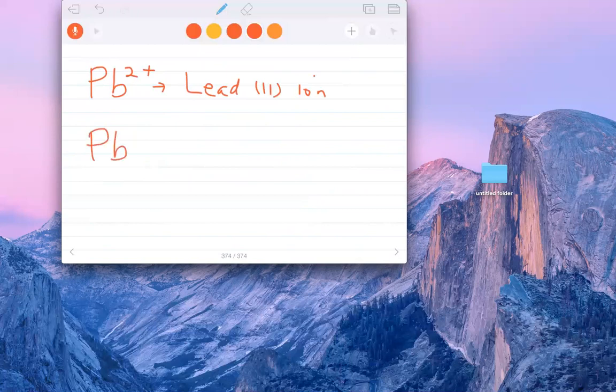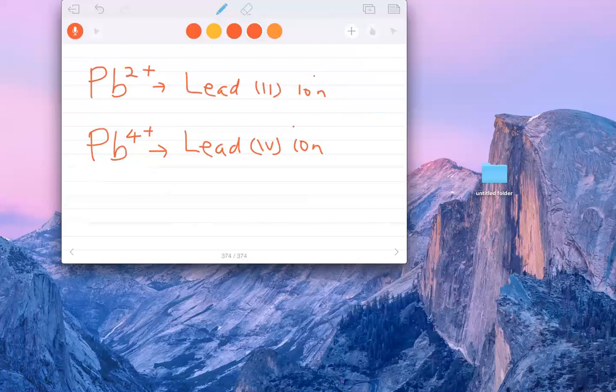In case you are wondering where I am getting all these names like lead and iron, you are expected to have learned this in the lecture. I'm just giving it to you because you should know. So for the transition metals, you have to learn them. The Stock system, the modern way, is what I recommend.